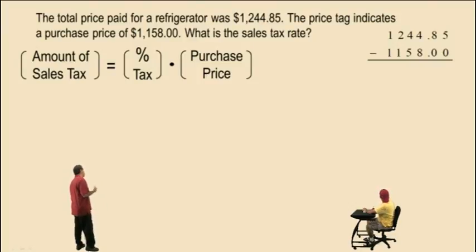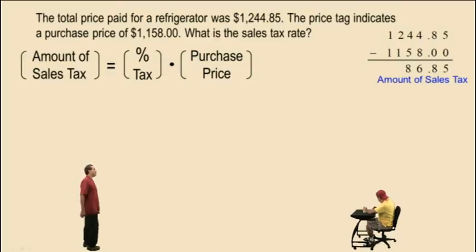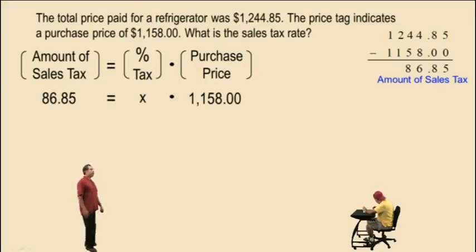So we take $1,244.85 and subtract $1,158. So that's the price paid at the register, subtract the purchase price. And that gives us $86.85, and that is the amount of sales tax. So now we can start filling in amounts into our equation. The amount of sales tax is $86.85. Since we're looking for percent sales tax, we will represent that quantity by X. And the purchase price, the price on the price tag, is $1,158.